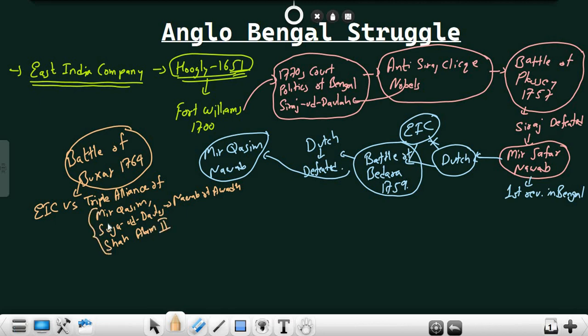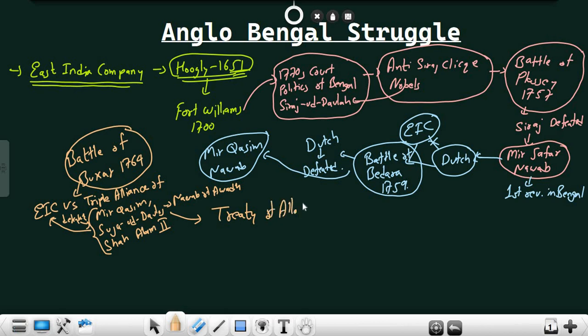This triple alliance struggled against the British East India Company, and at last the East India Company defeated the alliance.